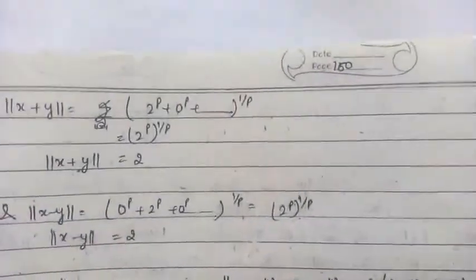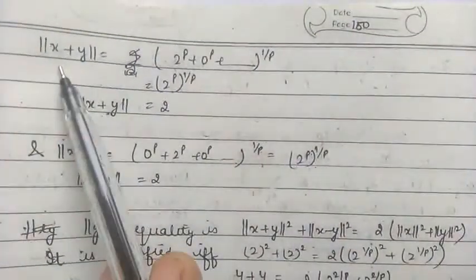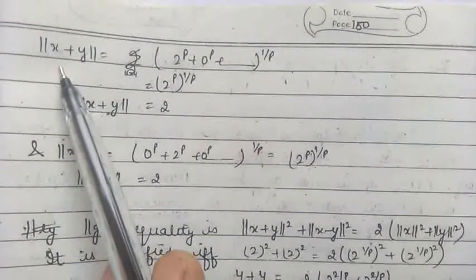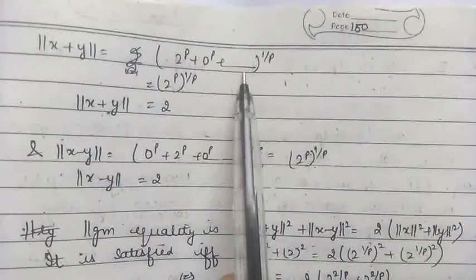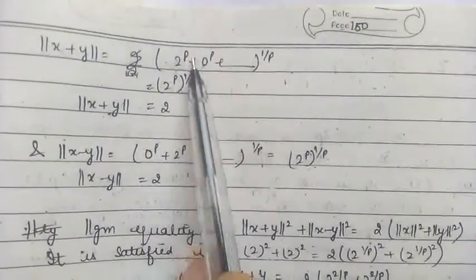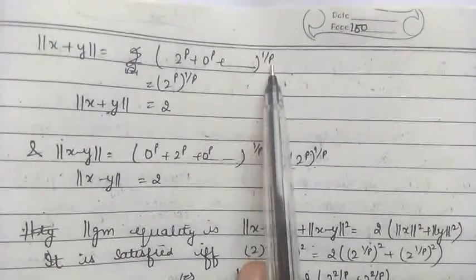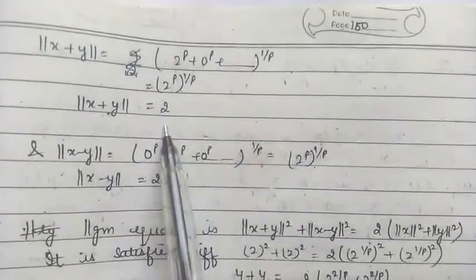Now the norm of x plus y. Again by using the definition of norm, this will be (2 raised to the power p plus, because all the other coordinates are 0, so that will become 2 raised to the power p) and whole raised to the power 1 by p. So the norm of x plus y is 2.